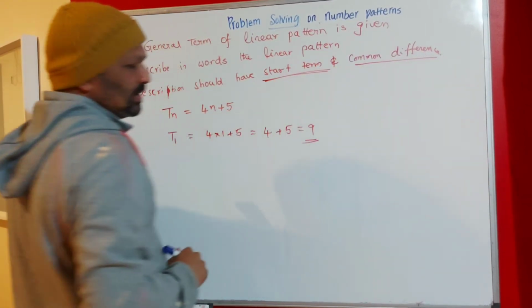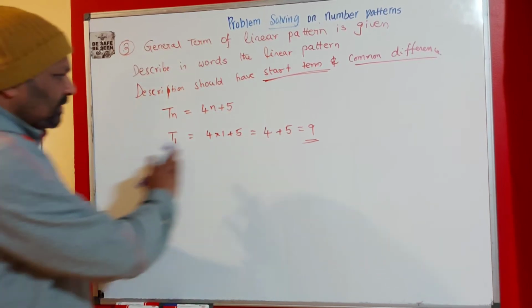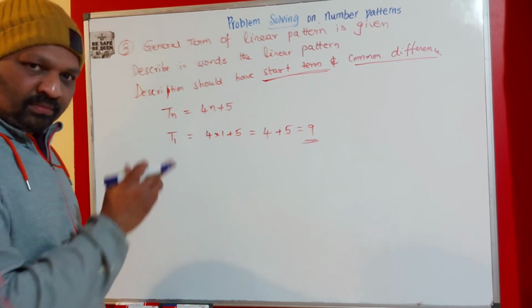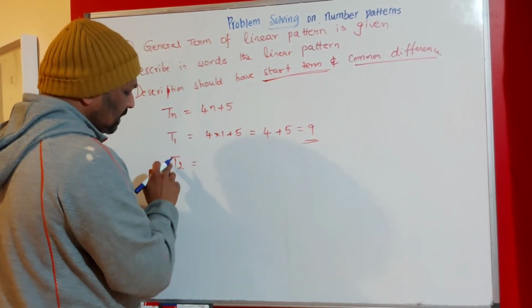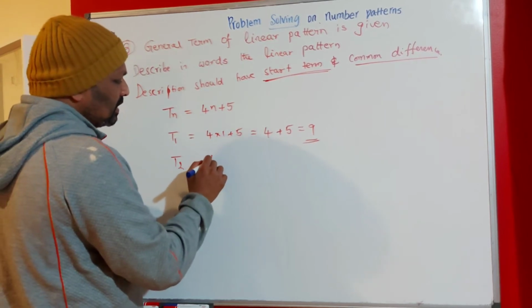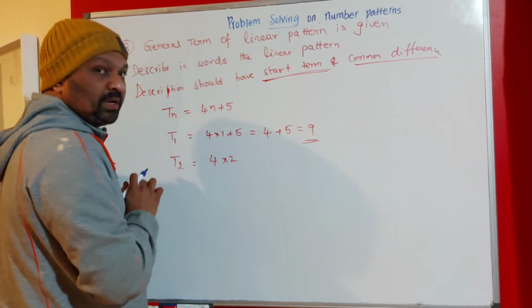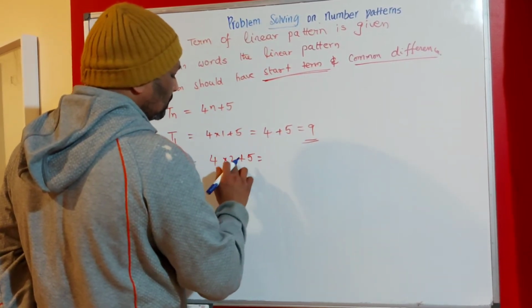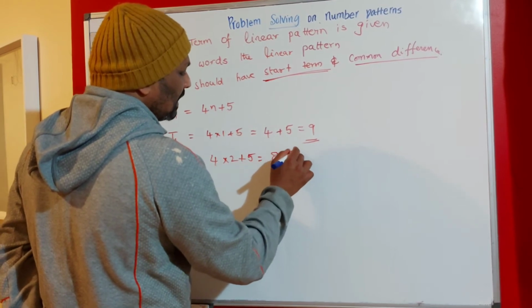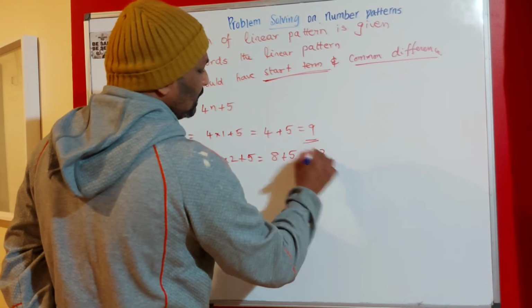What is the common difference? How do you find the common difference? You know the first term. You find the second term and take the difference. T2: the second term is going to be 4 into 2, because this is the second term, you replace n with 2, plus 5. That is 4 twos are 8 plus 5, which is 13.